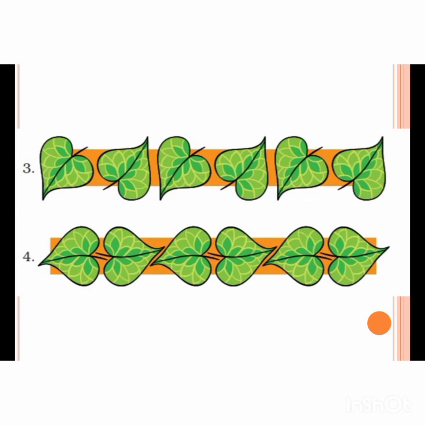You can also try to make different patterns by using few leaves. Try to do it and draw in your notebook. Now it's your homework time. Kindly refer page number 32 of your textbook to do this homework.